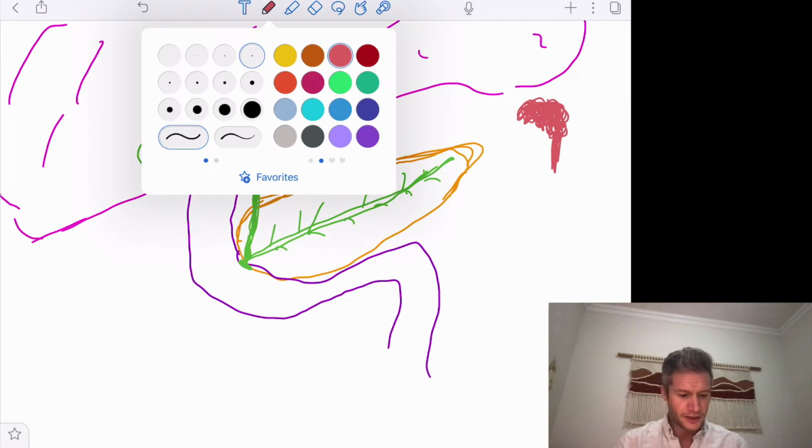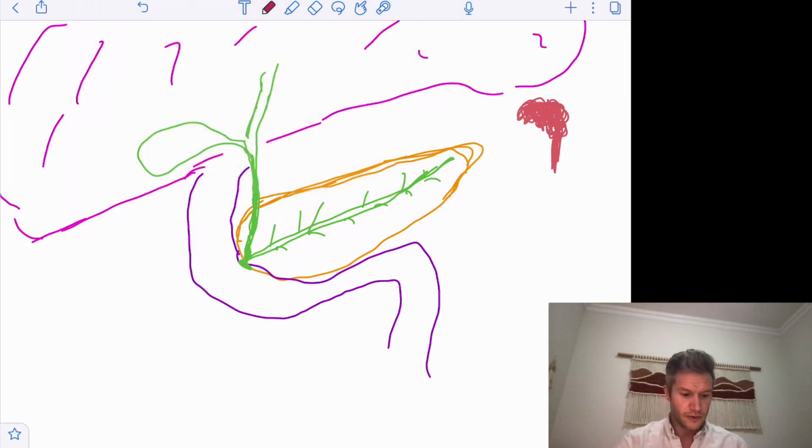Let's go to purple here. So we have these cells called I cells, and for general proximity, you can say they're lined here along the duodenum.